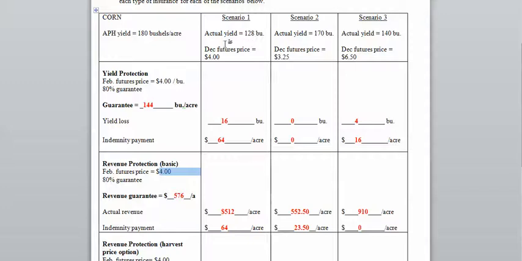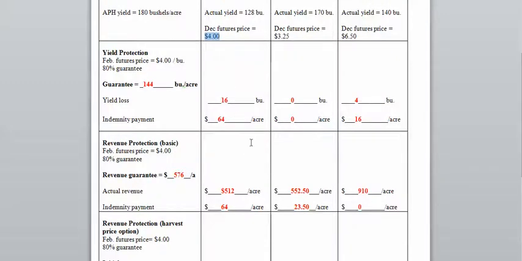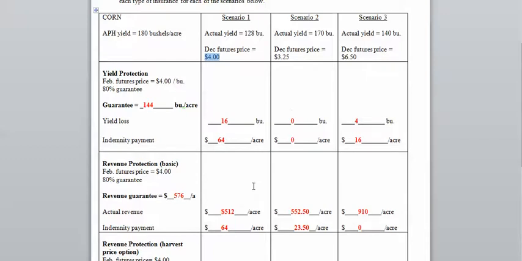So let's see how this works. Scenario 1, we had an actual yield of 128 bushel per acre, and the December futures price is $4. So to compute our actual revenue, our actual revenue will be our yield times price.